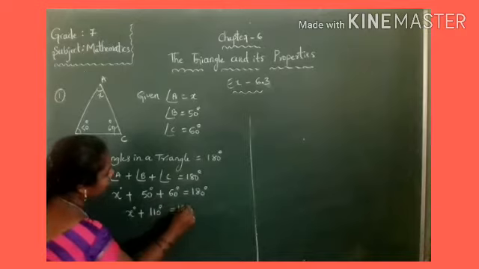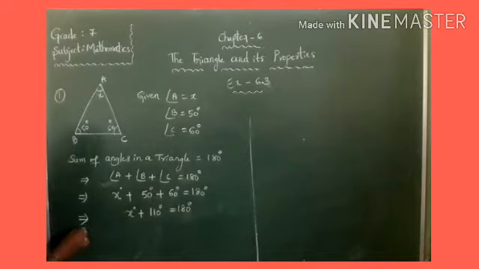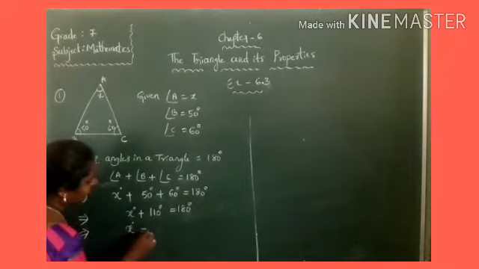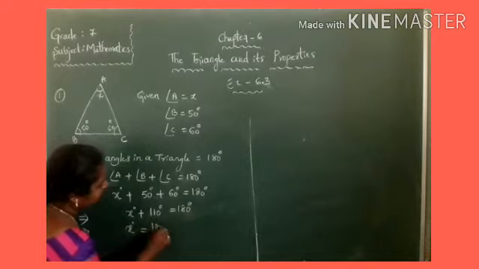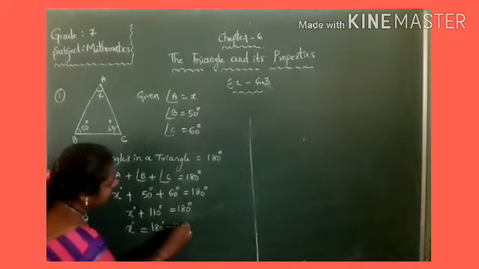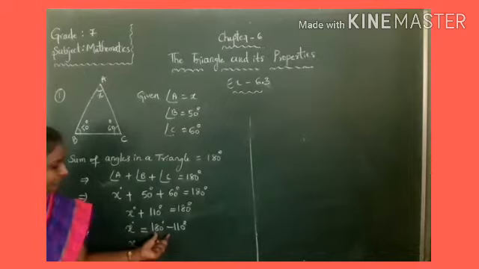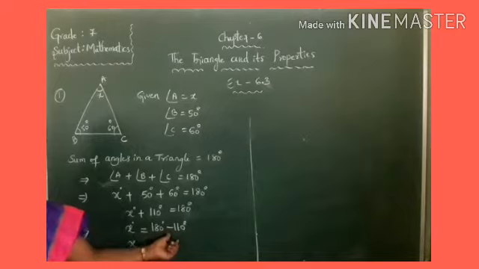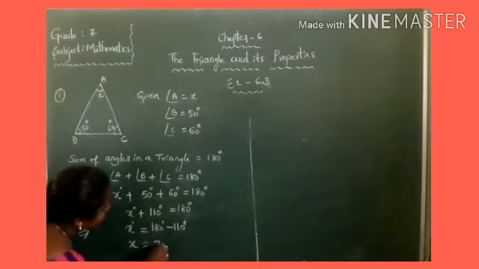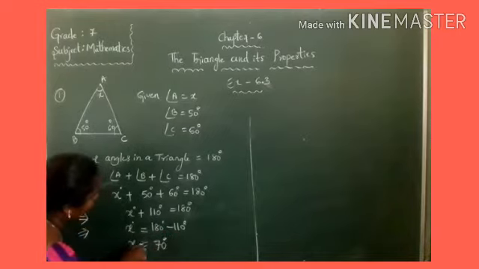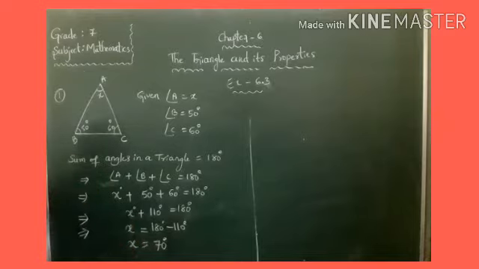We have to find the x value. So x degrees is equal to 180 degrees, transpose 110 degrees, minus 110 degrees. What is the value after subtracting 180 minus 110? 70 degrees. x is equal to 70 degrees.